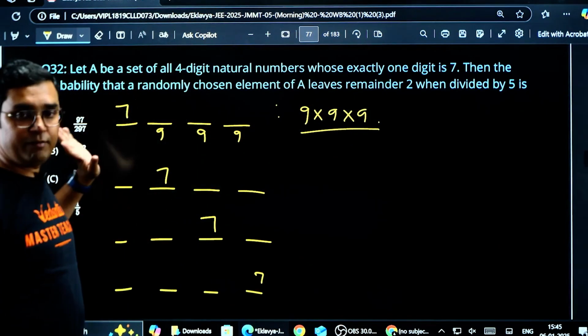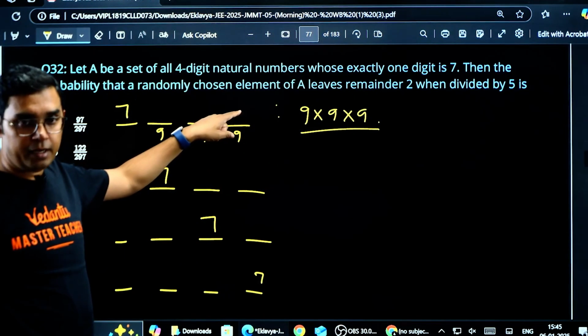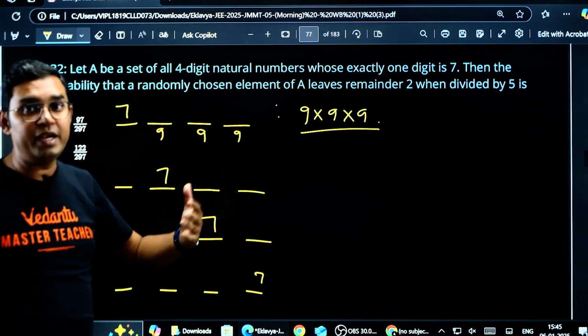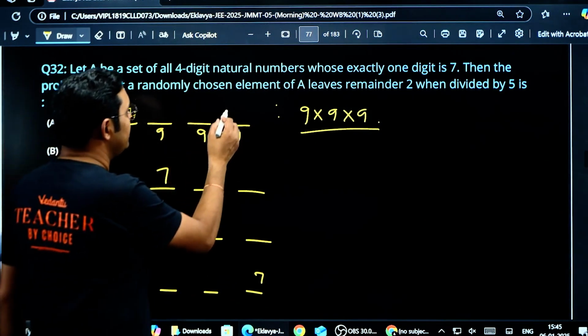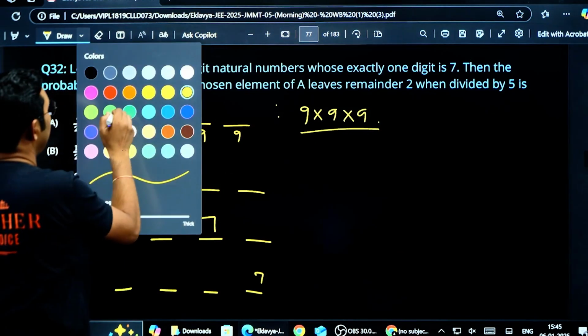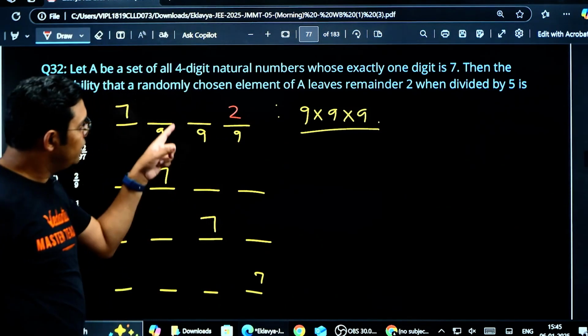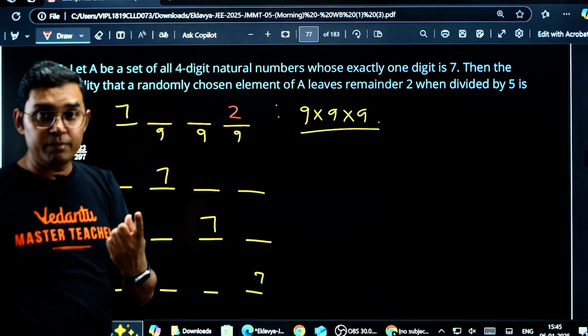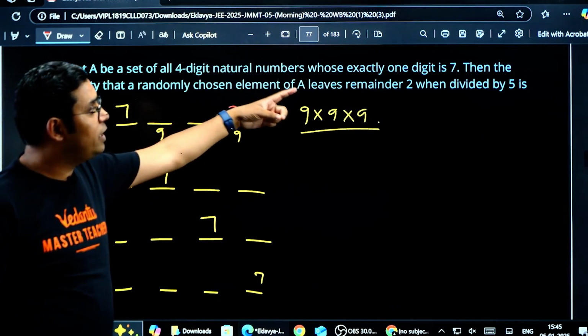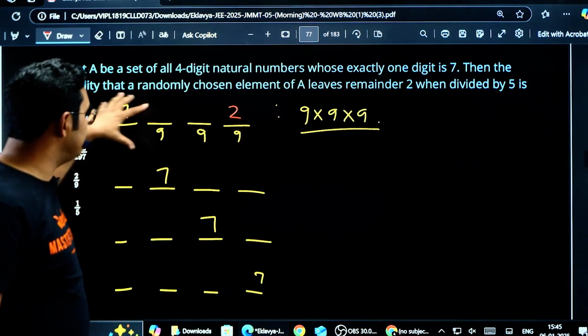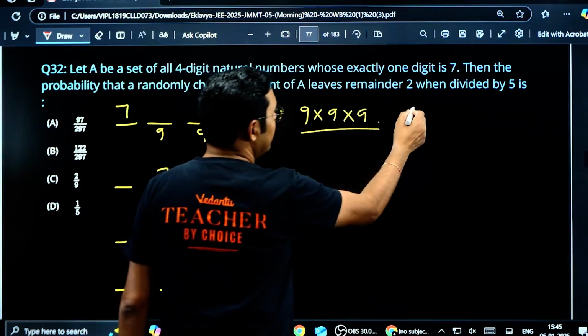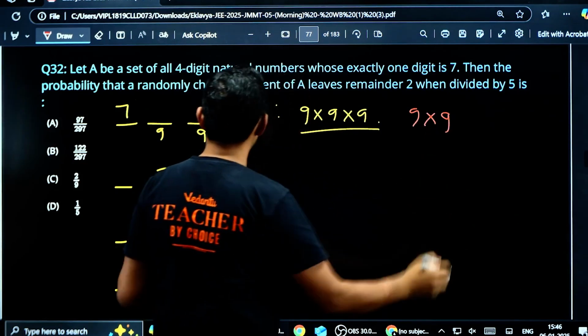Because one 7 is already there, you cannot have 7 elsewhere. And if you want remainder 2 when divided by 5, at the unit place you should have either 7 or 2. This color I will use for those numbers which give remainder 2 when divided by 5. So if it is 2, and this is 7, then we have only 9 into 9 choices in this case.